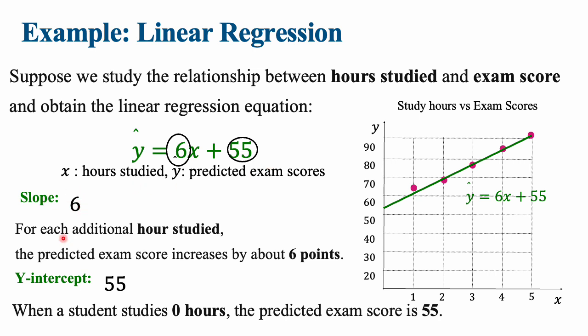The slope represents that for each additional hour you study, your predicted exam score increases by 6 points. The y-intercept 55 means if you study 0 hours, the predicted exam score is 55. That's what this equation represents.